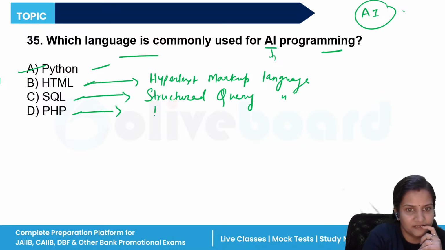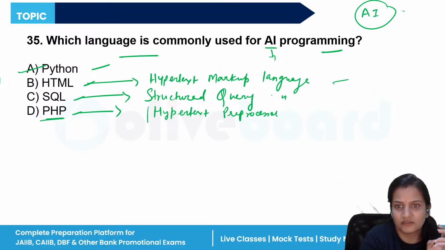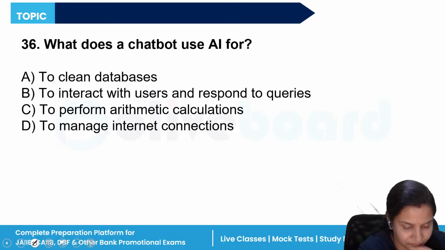And PHP, I guess, is Hypertext Preprocessor. I'm not sure about this. But HTML is Hypertext Markup Language and SQL is Structured Query Language. Clear? And which language is used in AI? That is Python. It is correct.